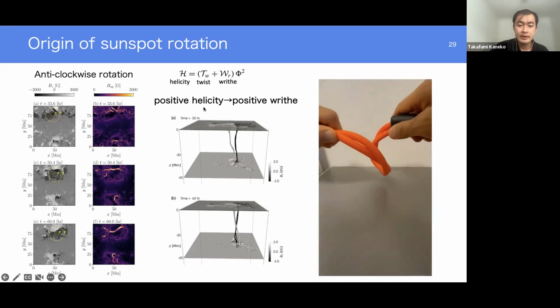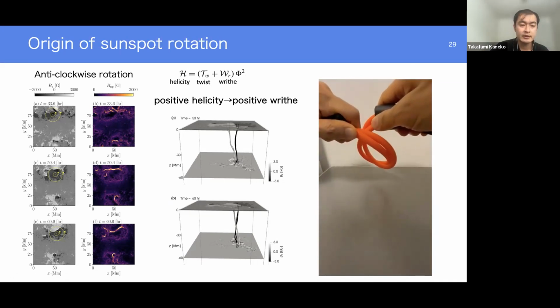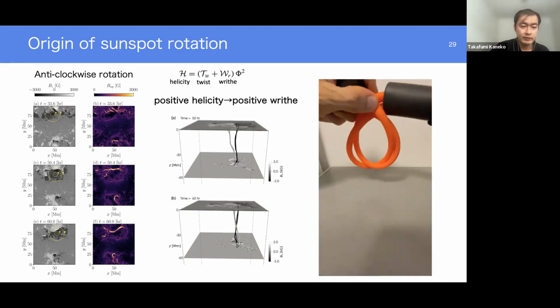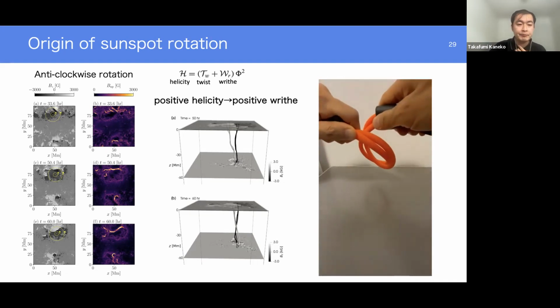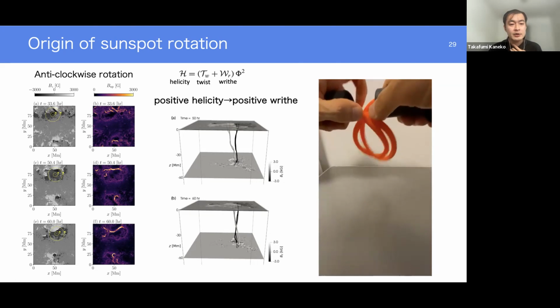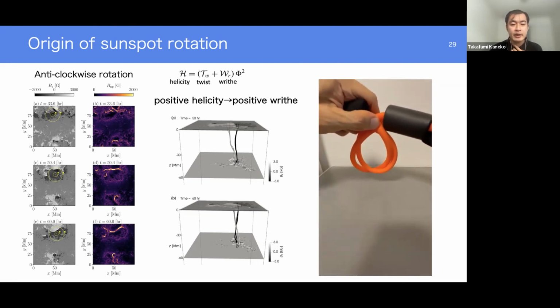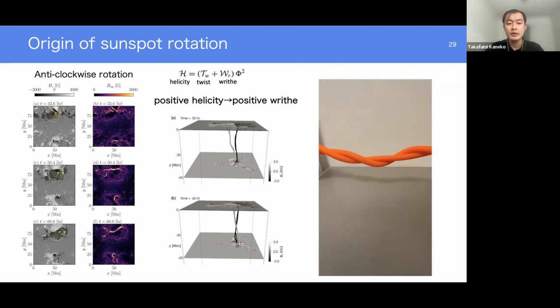This happens in almost all cases in our simulation which create a delta spot. So we think this is one mechanism to transport the non-potential energy to the photosphere.